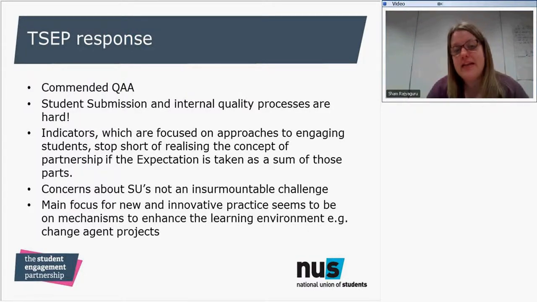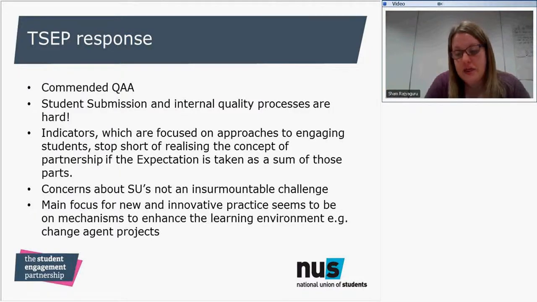I think we said that the indicators, which focus on approaches to engaging students, could really stop short of realising the expectation about students being partners in their learning, if all indicators were just taken as a sum of those parts. So if you basically went through the indicators, ticked them all off, and then said, "Yeah, we've got this. This is fine."